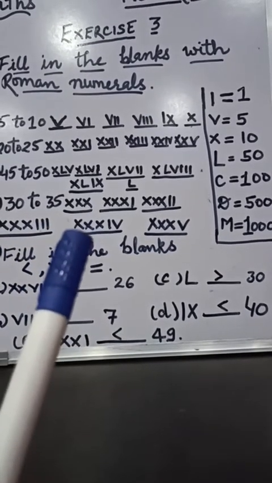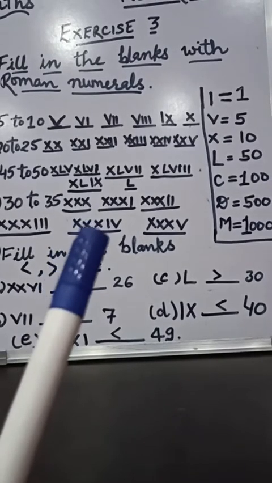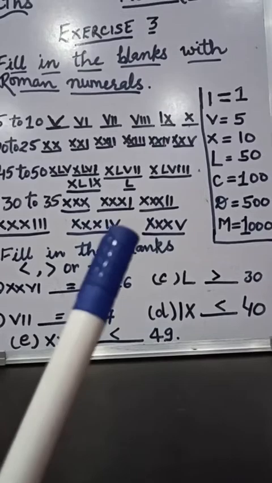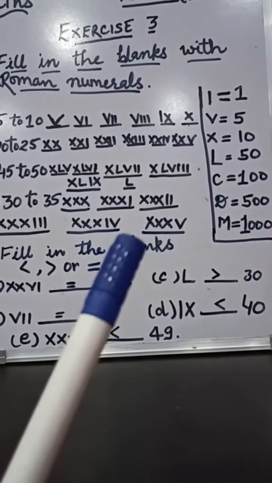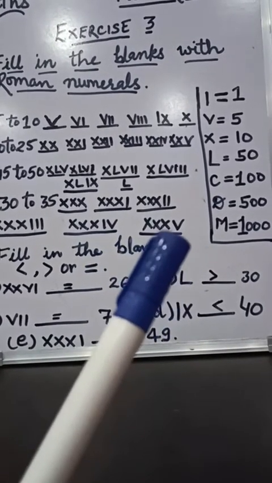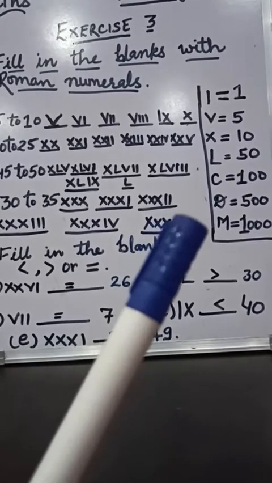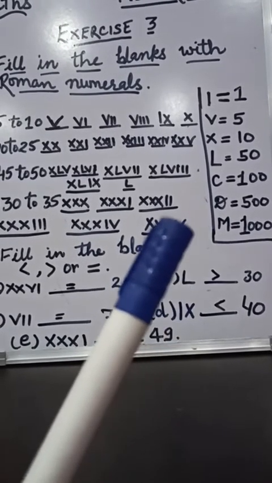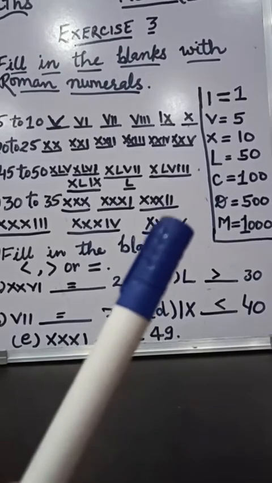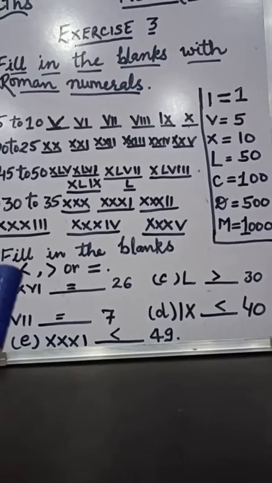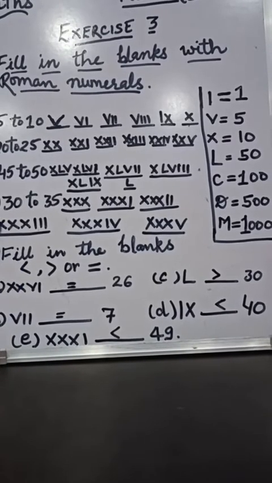Clear? Now 34, XXX, 3 times X, that is 30, and 4, IV. Now 35, XXXV. That is 35. Clear?